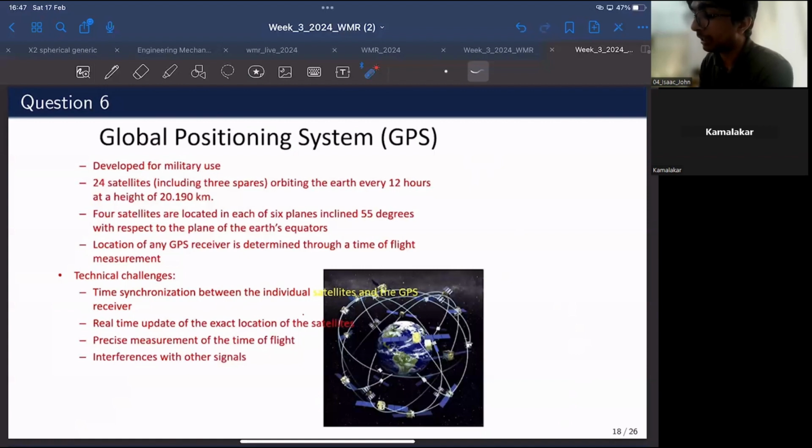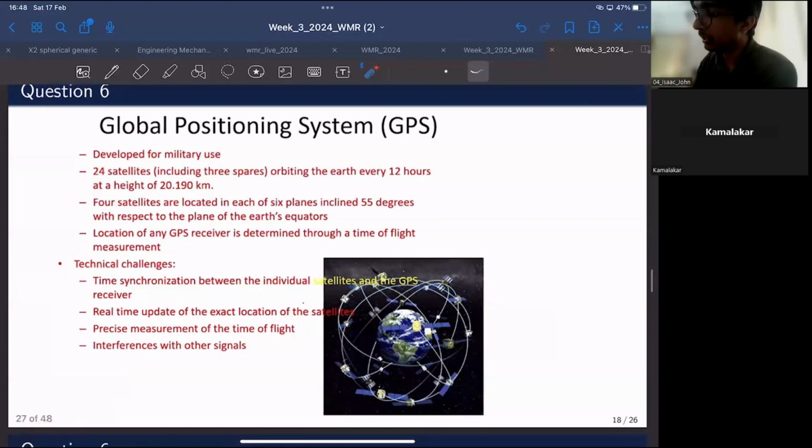The real-time update of the exact location of the satellites themselves is also crucial, along with precise measurements of time of flight. Sometimes, due to the curvature of the Earth, it may not be as straightforward as you would imagine. There could also be interference with other signals. And at a very remote location, GPS signals may not be easily receivable.